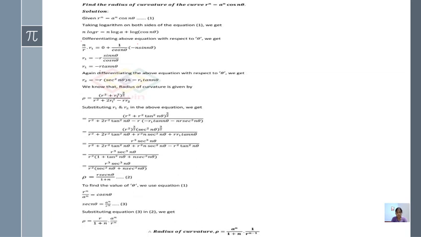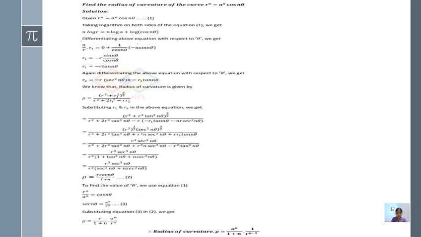Next, here 2 and 2 get cancelled, so remaining is r cube secant cube n theta divided by r square plus 2 r square tan square n theta plus r square of n secant square n theta minus, here taking r into r1, is r square tan square n theta.